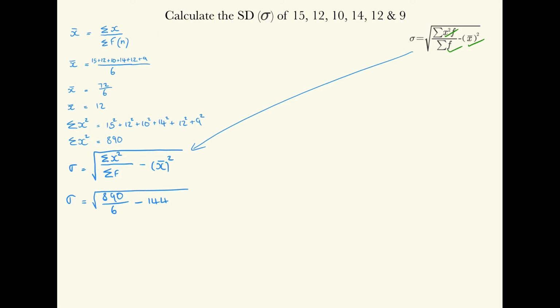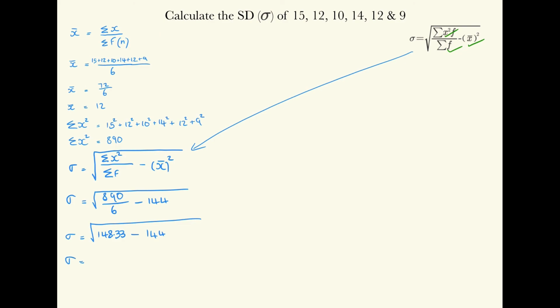All right. Let's now solve 890 divided by 6. If you put that in the calculator, you get, and we'll write on a new line here, the square root of, and 890 divided by 6 is 148.33. And we're now going to subtract 144 from that number.